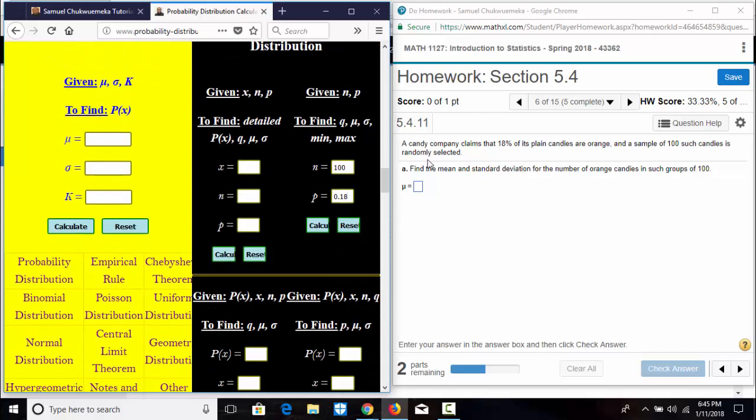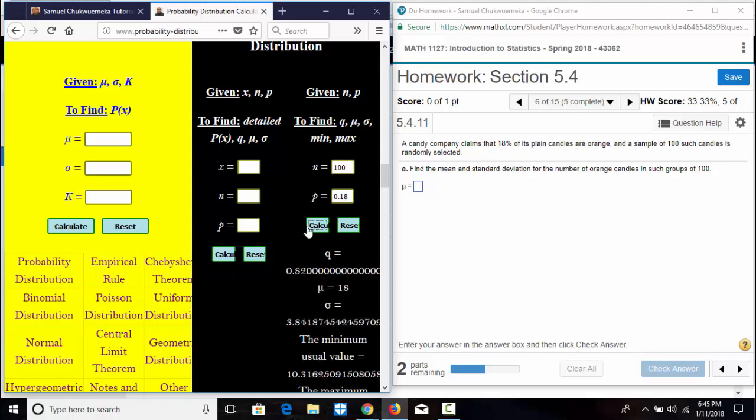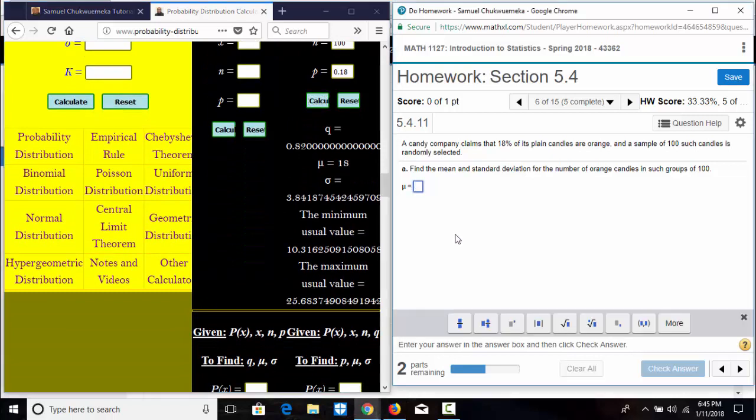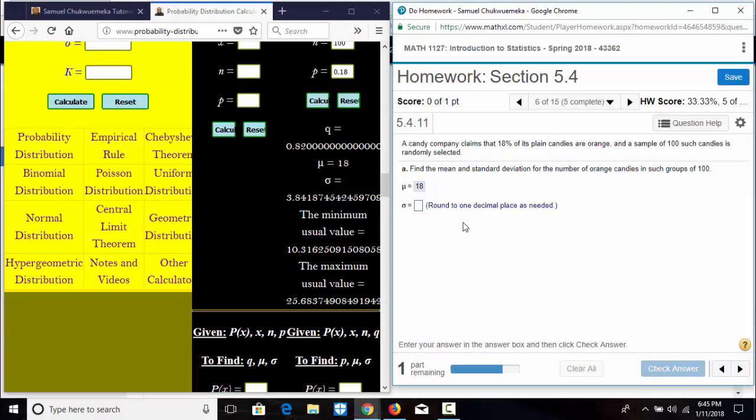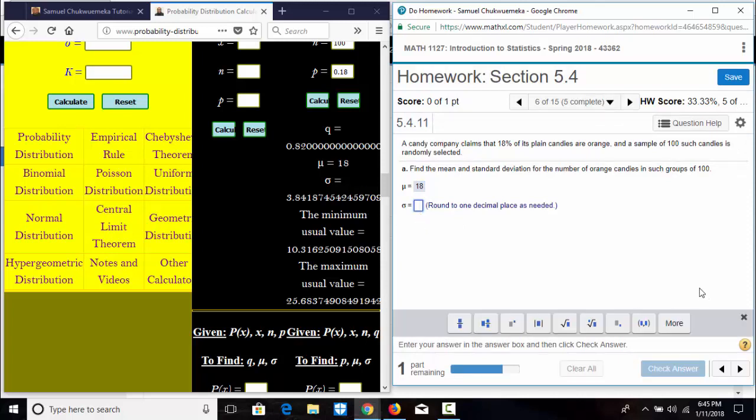Please always convert to decimal. In order to use this calculator, you have to convert to decimal. 18% is 0.18. Calculate. The mean is 18. The standard deviation to 1 decimal place is 3.8.